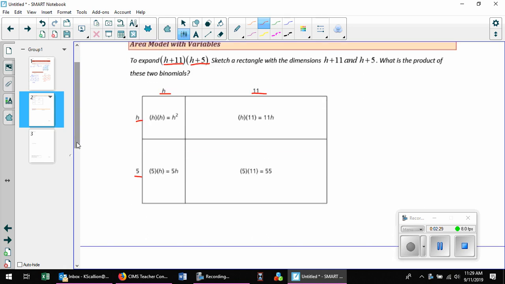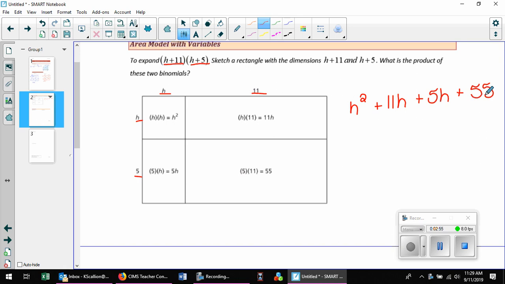Okay, so now, what did we do with all the other squares? We add them together. Same thing, we're going to add them together. So I have h squared plus 11h plus 5h plus 55. And we're going to combine any like terms that we can. Okay.